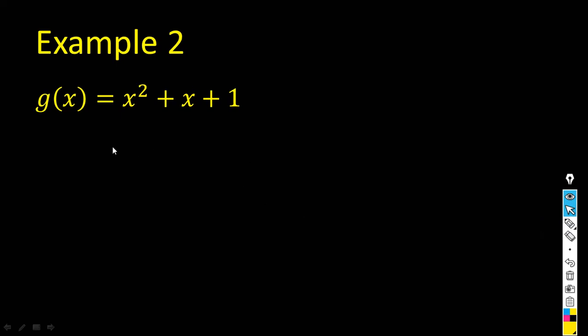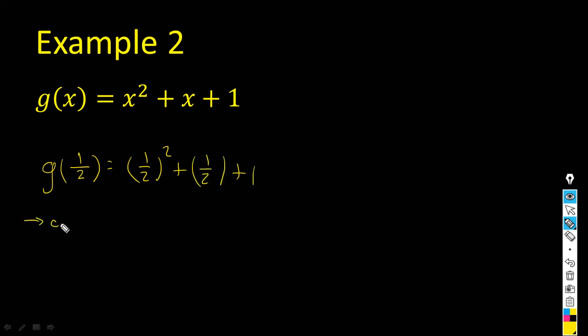Example 2, g of x equals x squared plus x plus 1. Okay, same idea. I can evaluate this function in any number I want. Let's evaluate in 1/2, okay? This is going to be equal to 1/2 squared plus 1/2 plus 1, okay?